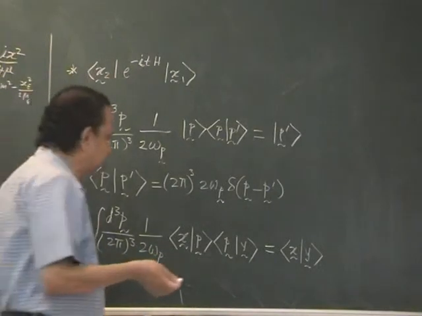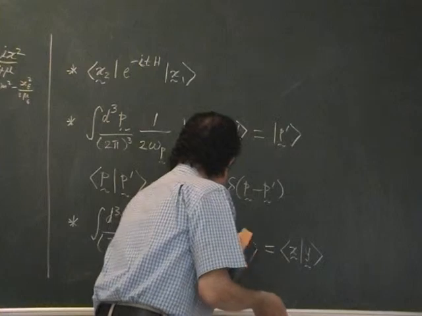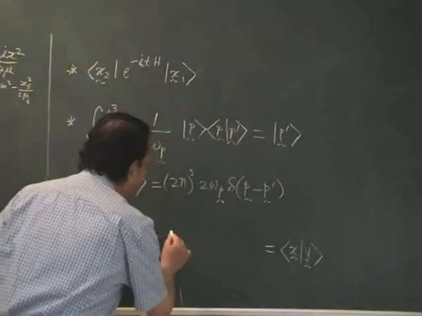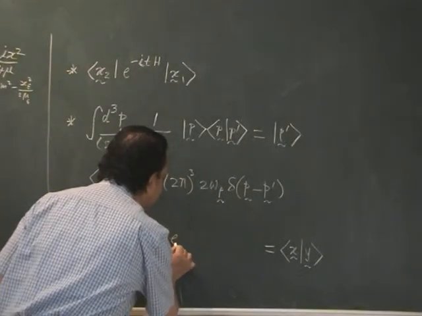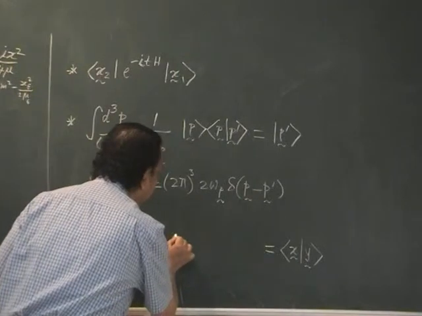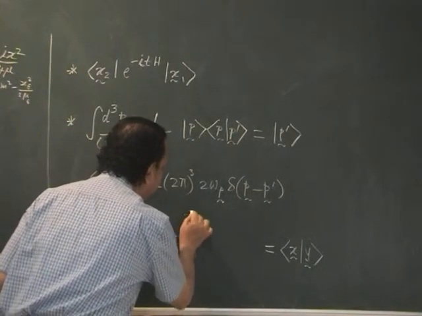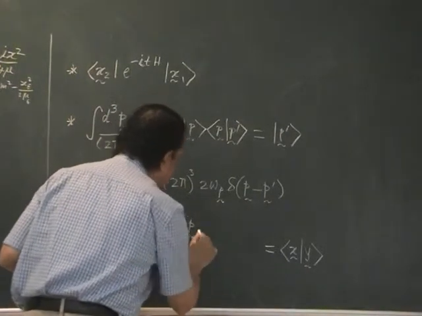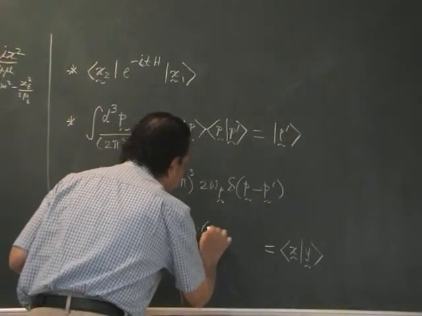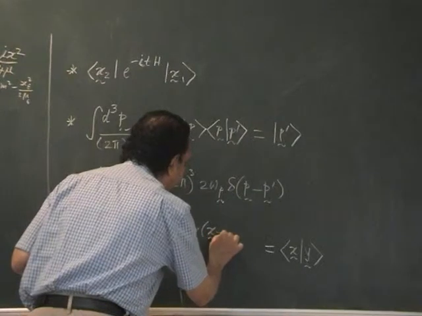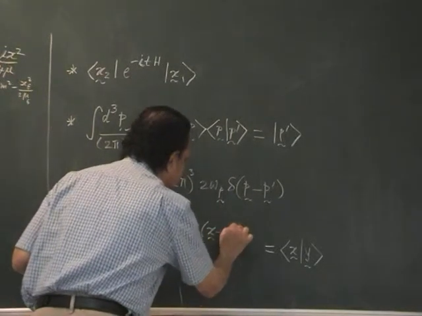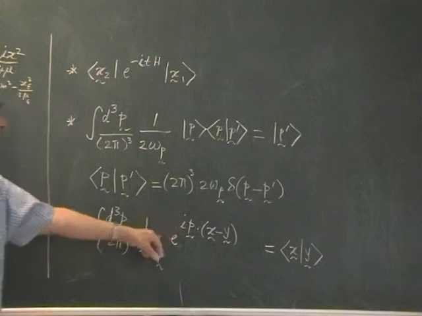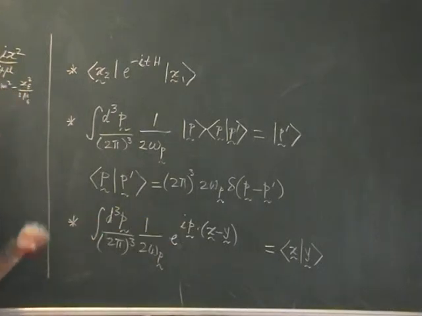Okay? So the way we did that last time, it is e to the power i p dot, which one goes? It is p dot, I think, x minus y. It really doesn't matter because I could have flipped the sign on this.